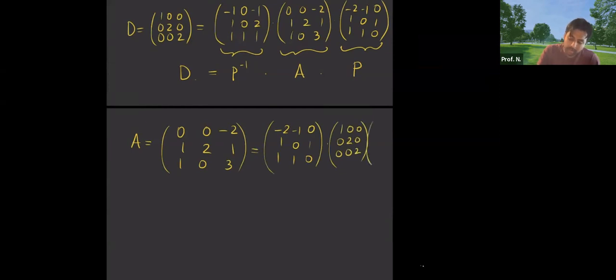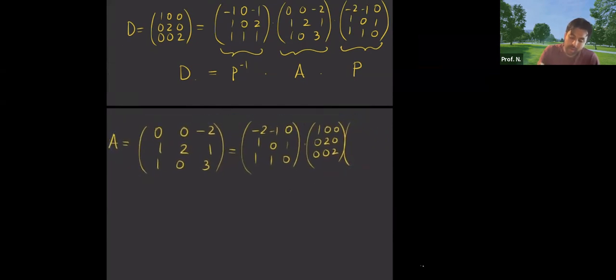And then this would be -1, 1, 1, 0, 0, 1, -1, 2, 1. This is P and this is P inverse, with the diagonal matrix in the middle. That equals A.